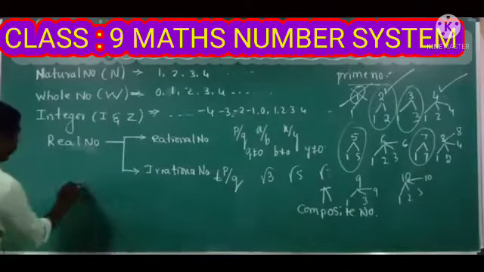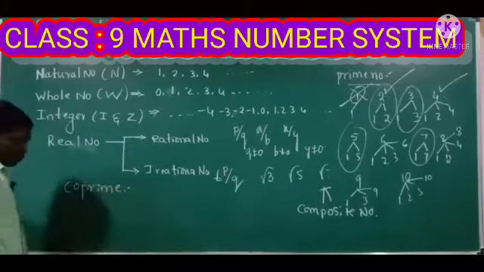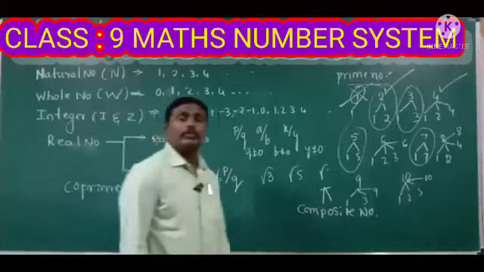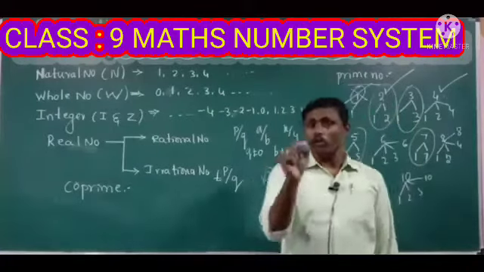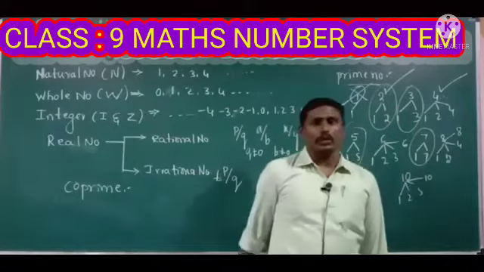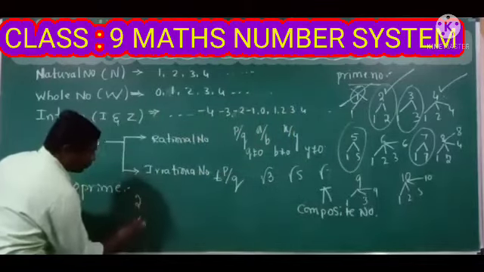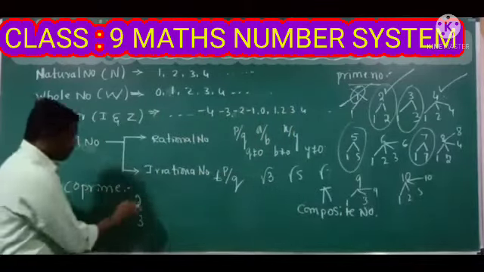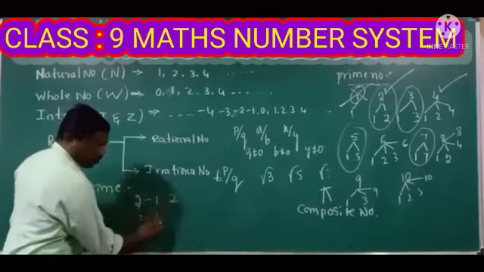Next one, co-prime numbers. So what does co-prime mean? Any two numbers which have the common factor 1 only. For example, if I take 2 and 3, what are the factors of 2 and 3? 1 and 2, 1 and 3.